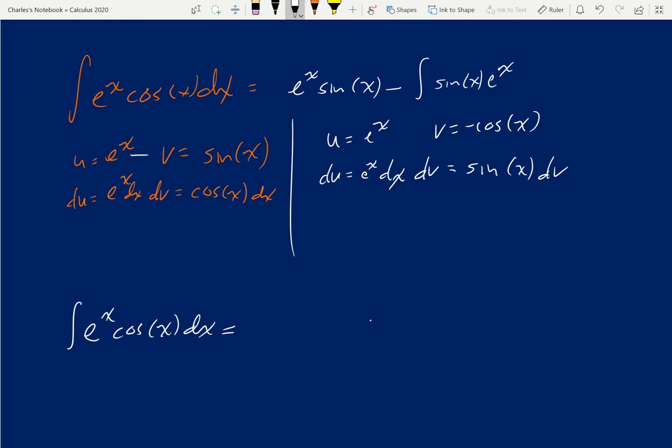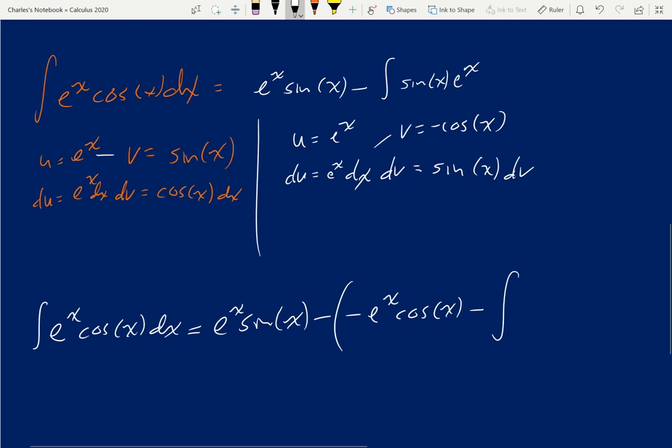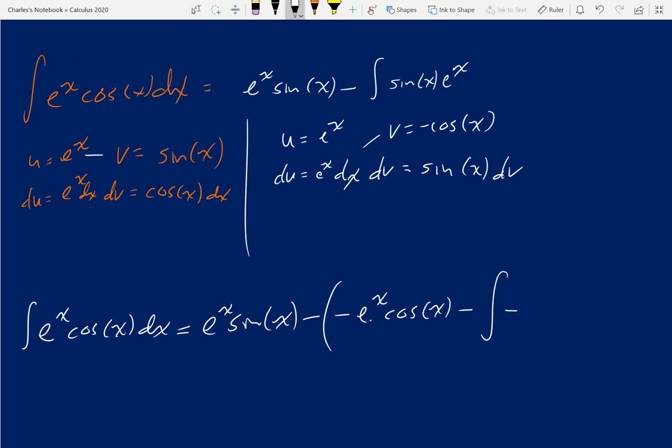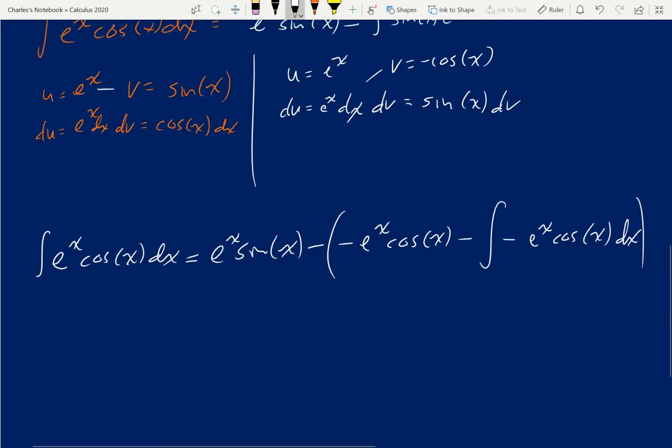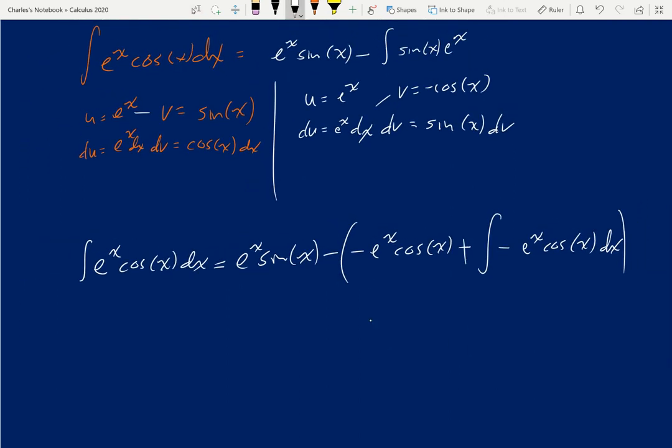So if I write this again, I get the integral of e to the x cosine of x dx equals e to the x sine of x minus the whole thing, which is uv, which is negative e to the x cosine of x, minus the integral of v du, which is negative e to the x cosine of x dx. Now, these things do get kind of confusing with parentheses, but let's turn those into plus, and then this into a plus, which turns this into a plus and this into a minus.